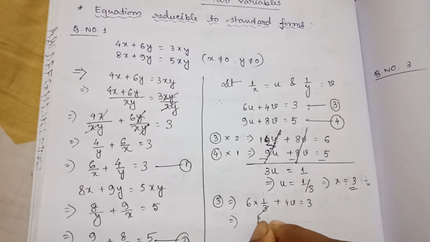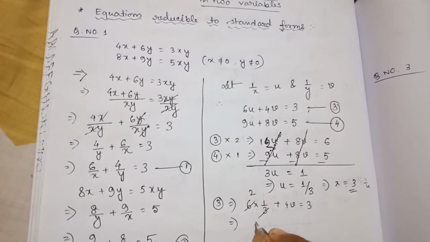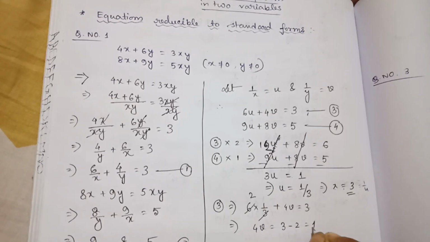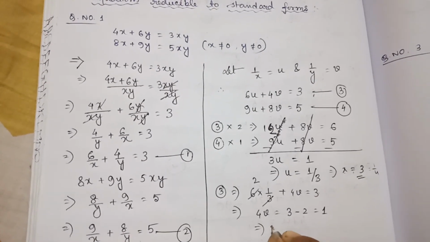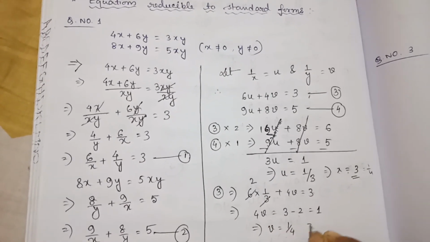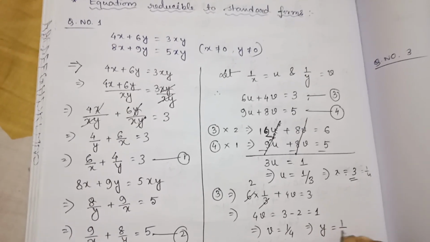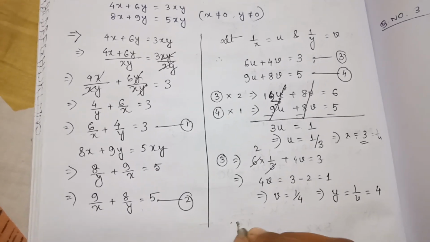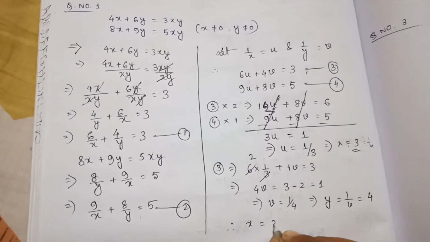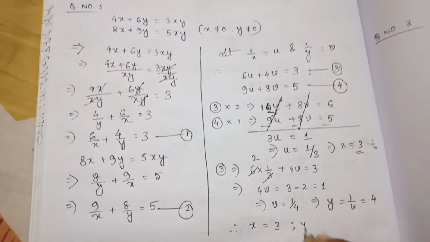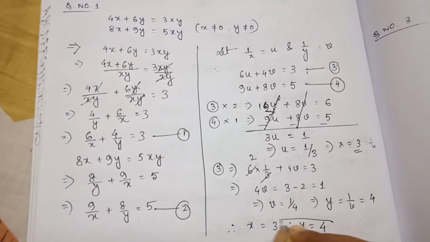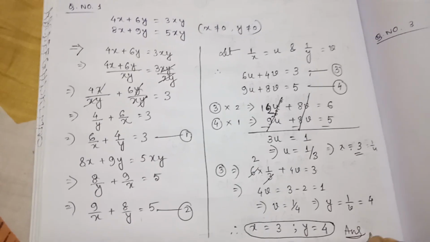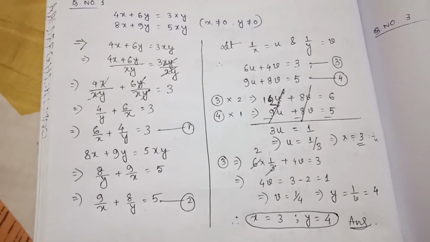That means 2 plus 4v equals 3, so 4v equals 3 minus 2 equals 1. That means v equals 1 by 4. So y equals 1 by v, that means 4. So we have got x equals 3 and y equals 4. This is our answer for this question.